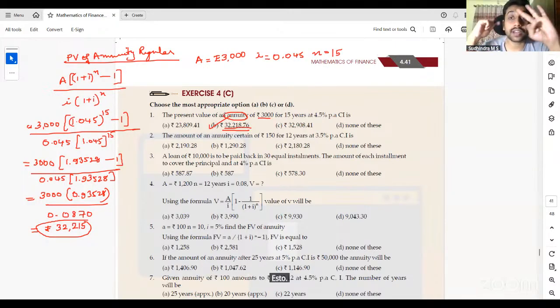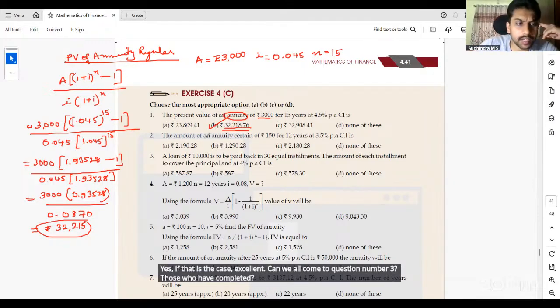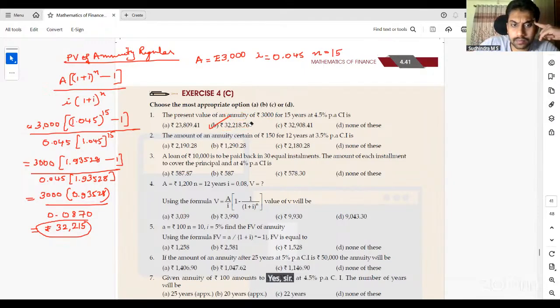Can we all come to question number 3? Those who have completed, those who are writing, you can complete this. Very good. Tanushri correct. Kanavi correct.